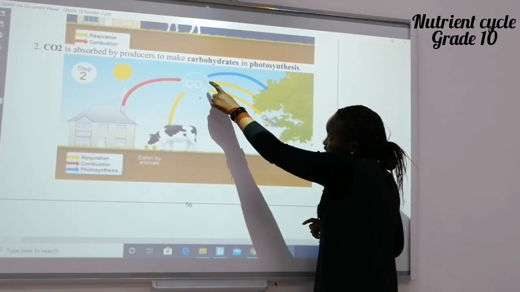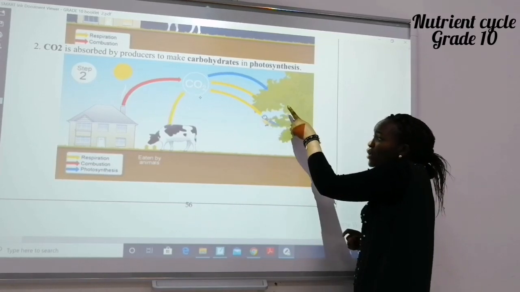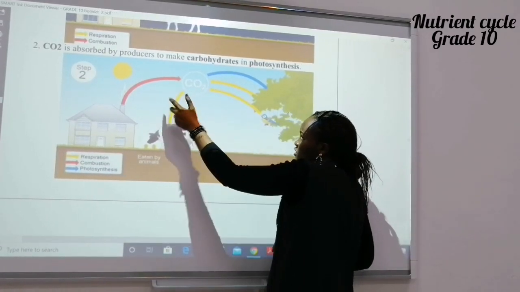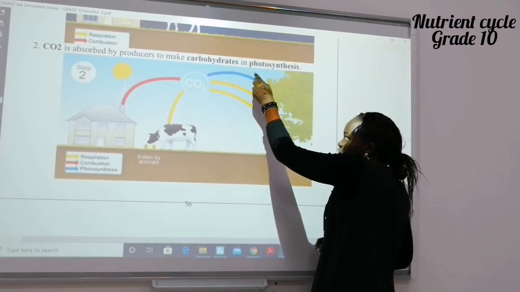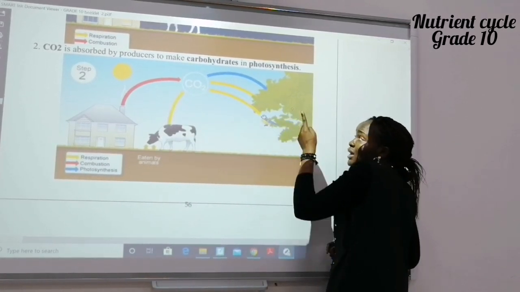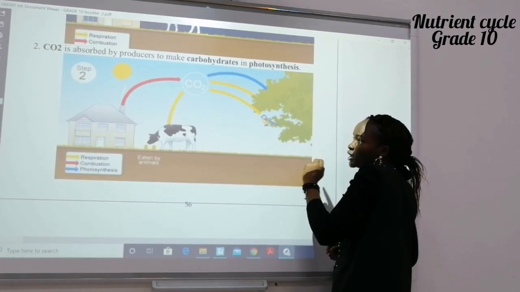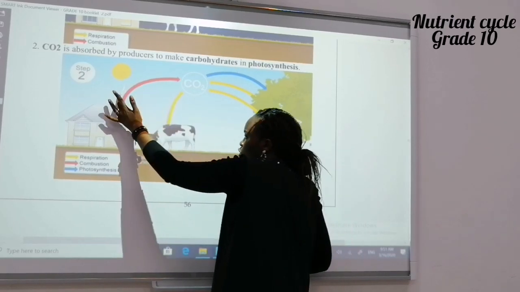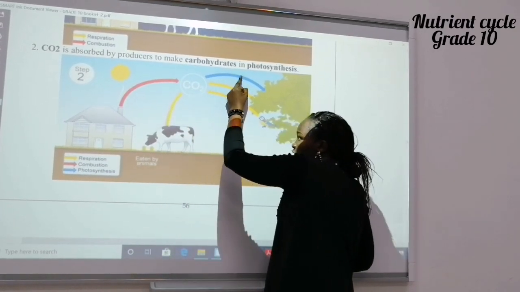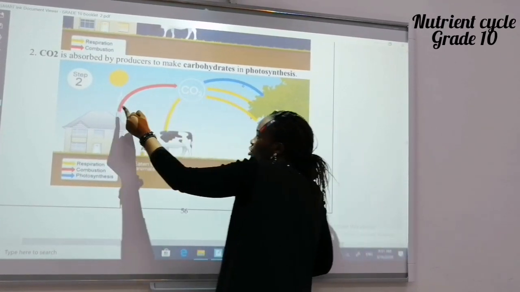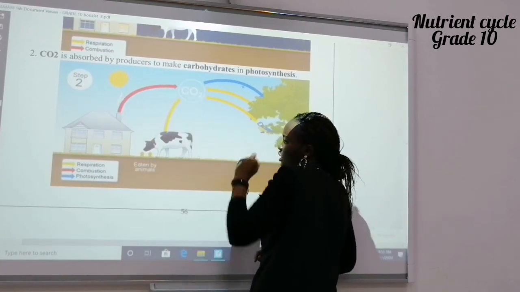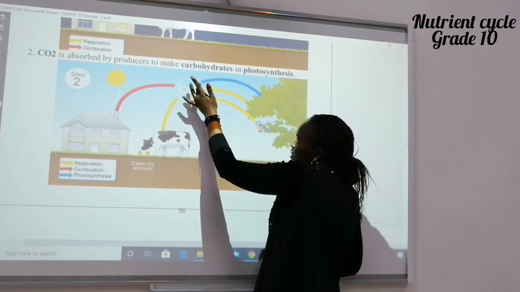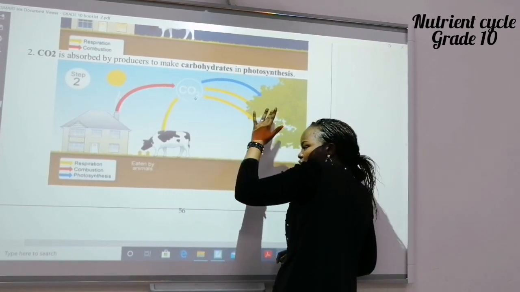However, photosynthesis takes carbon away from the atmosphere. So the CO2 released by these 2 processes is taken from the atmosphere into the leaves of plants.